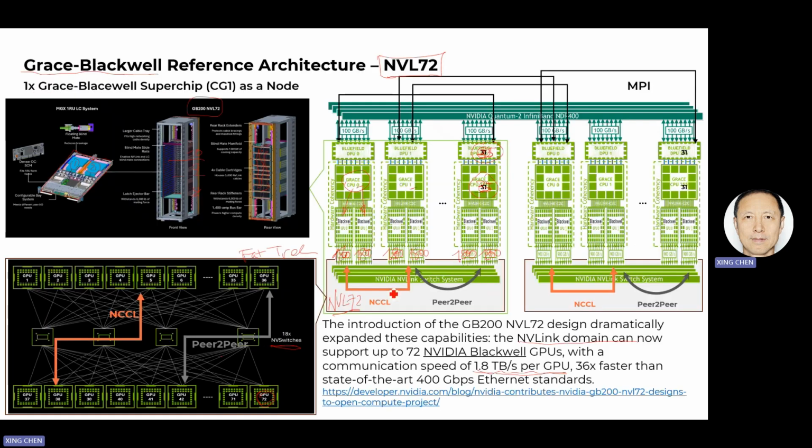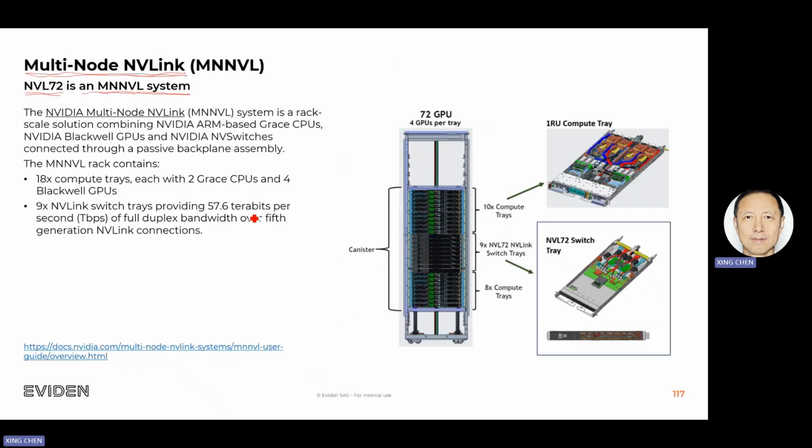Why? Because this NVL72 domain is crossing 36 nodes. So this NVL72 is an MNNVL system.